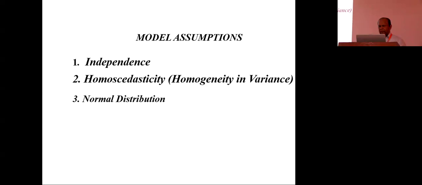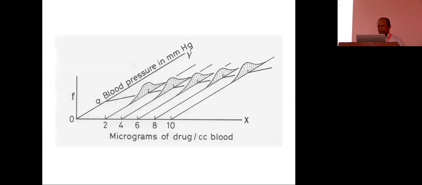And the homogeneity in variance, let me give you some examples. There are indirect ways of testing whether the data have equal variance across the X variable, which I'll tell you later on. So this is for a given X variable, a particular unit.